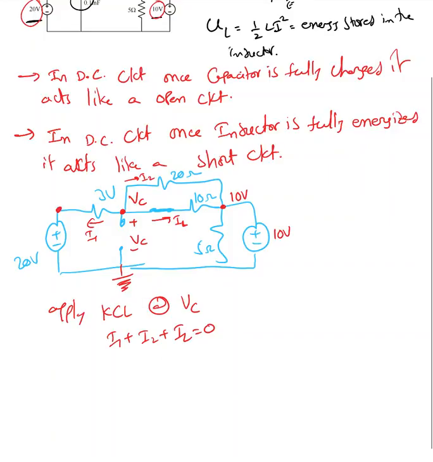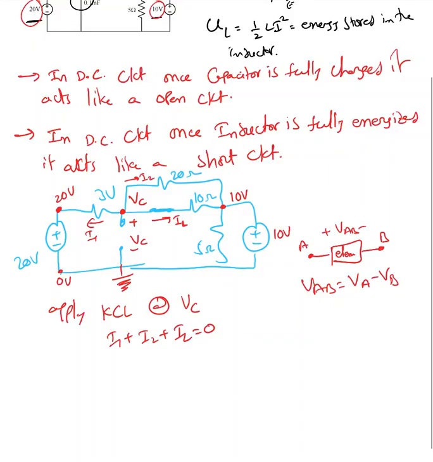The voltage at this point is 20 volts because the voltage here is 0 volts. For an element, which could be an inductor, capacitor or resistor, with terminals A and B, VAB equals VA minus VB. In this case VB is 0 and VAB is 20, so VA is 20 volts. At VC apply KCL.